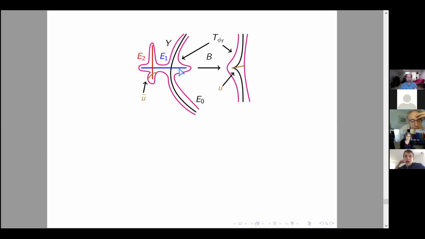I could change my ample divisor without changing the hypersurface, and it will give me a completely different filtration. And so you need all the data together to define this filtration. Okay.